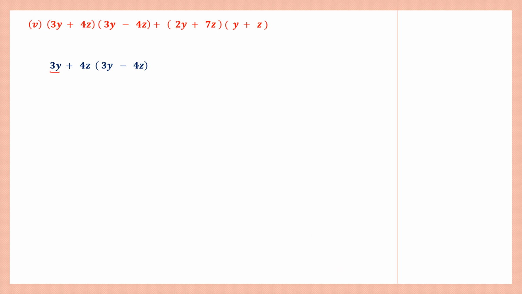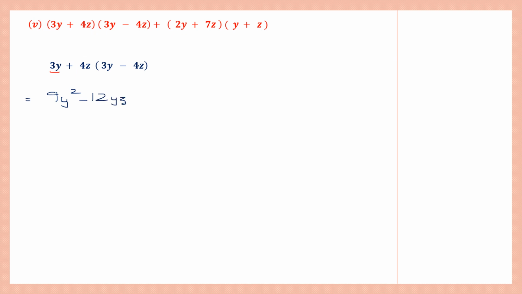So let's do that. 3y first into the first term. So that is again 3y. 3 3's are 9. Y into y is y square. Now we'll go on to the next one. So that is 3y into minus 4z. The sign is minus. Now 3 4's are 12 and y into z is yz.